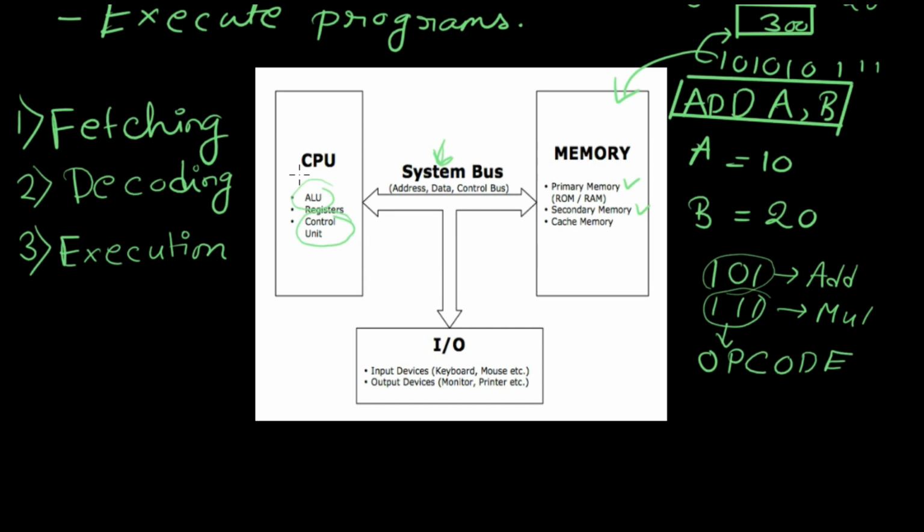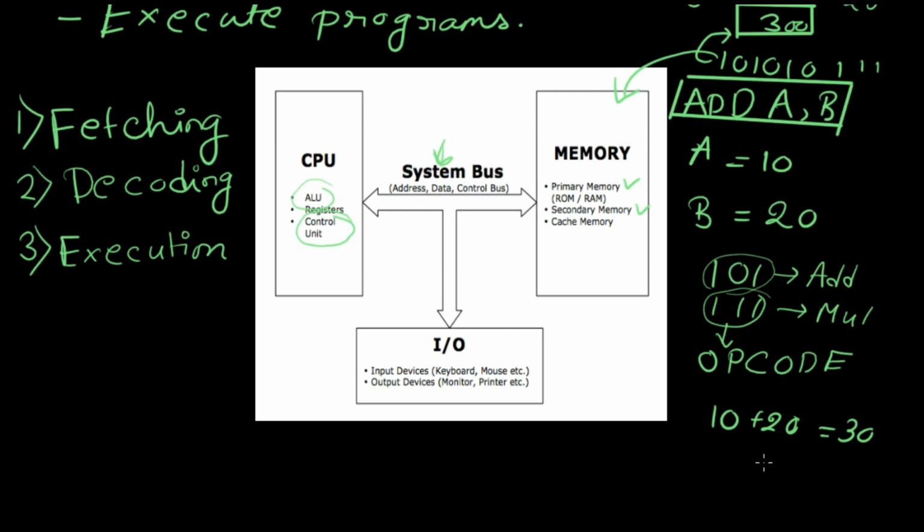Now after the execution we need to store the information, because 10 plus 20 is 30. We have made the addition inside the ALU, suppose the ALU has generated the output 30, and it has to be stored in some location. So where will it be stored?